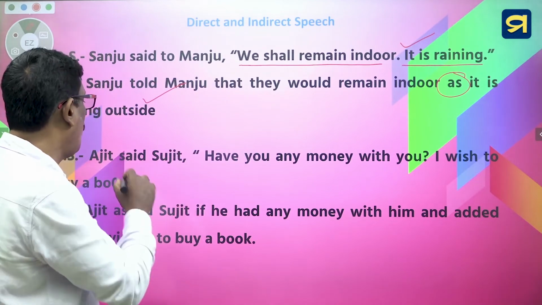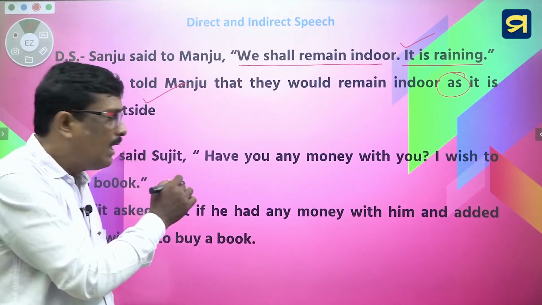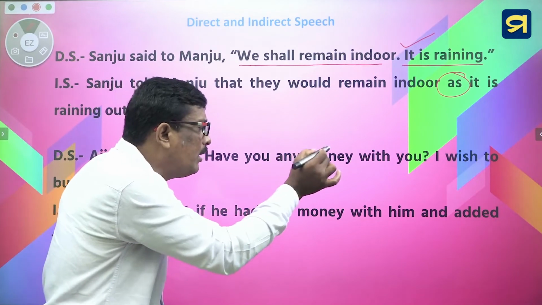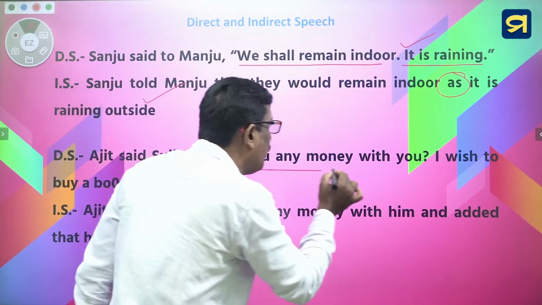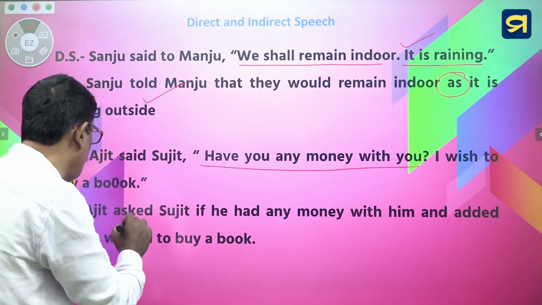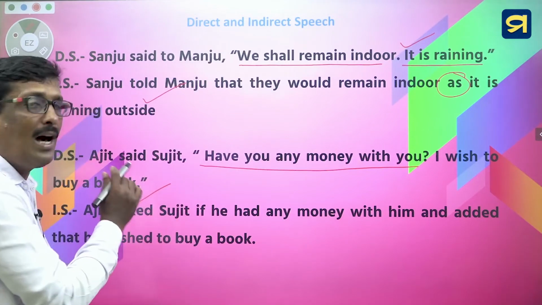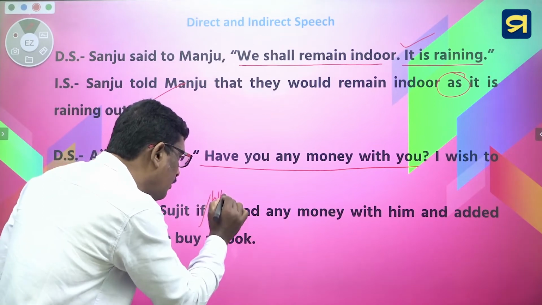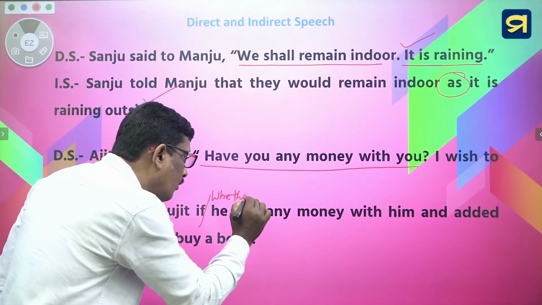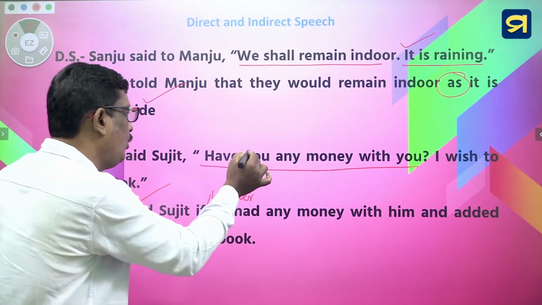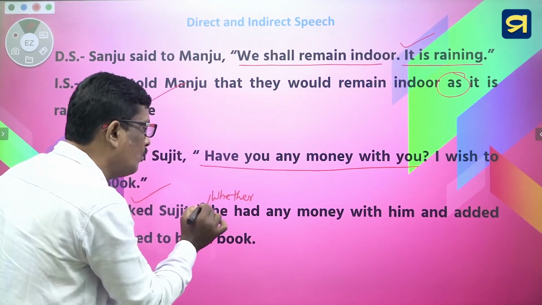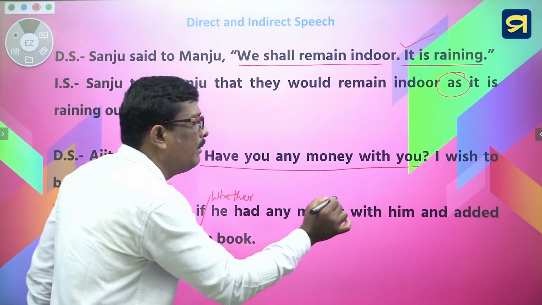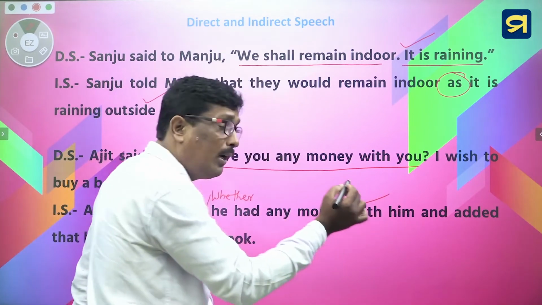Number 2. Ajit said, "Sujit, have you any money with you?" You see, here is an interrogative sentence. So generally, Ajit asked Sujit if or whether. We may also write whether. Here you means who? Sujit. So he had any money with him. We have already discussed it.